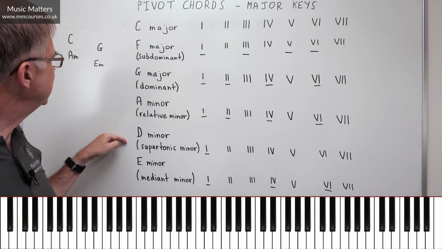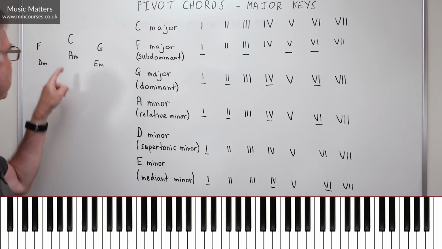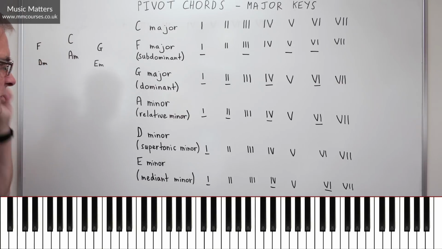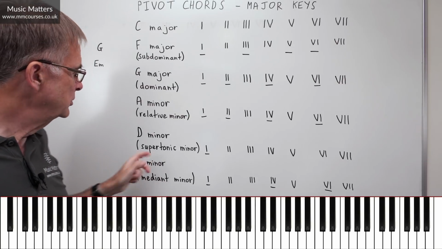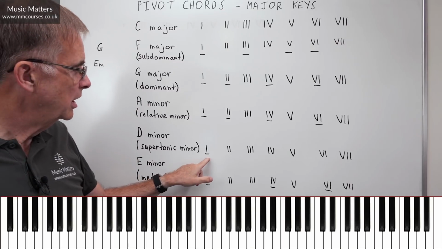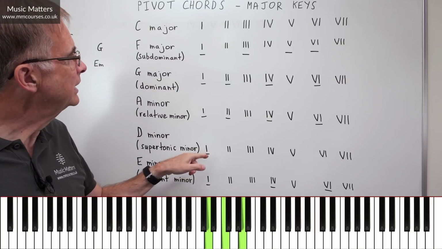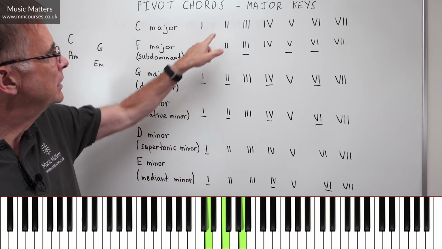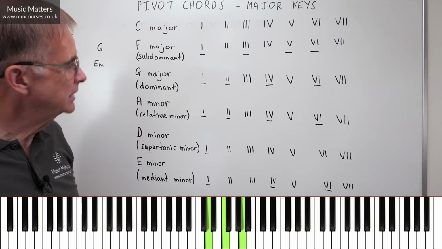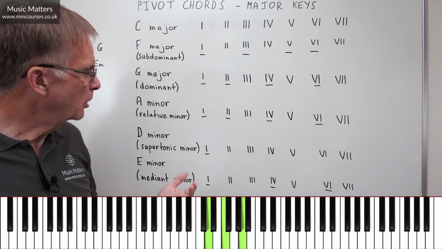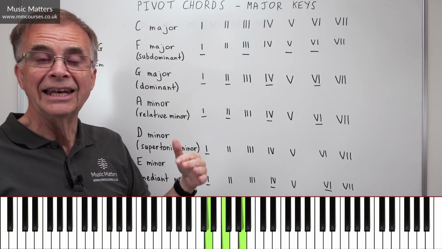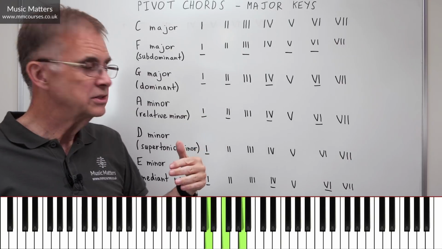When we go to D minor, a little bit further away from C major, but still one of the neighbouring keys, what's interesting is that only chord 1 is a pivot chord, because D, F, A is chord 1 in D minor. It's also 2 in C major, but we've got B flat in the key signature, and if we raise the 7th note we get C sharp as well.